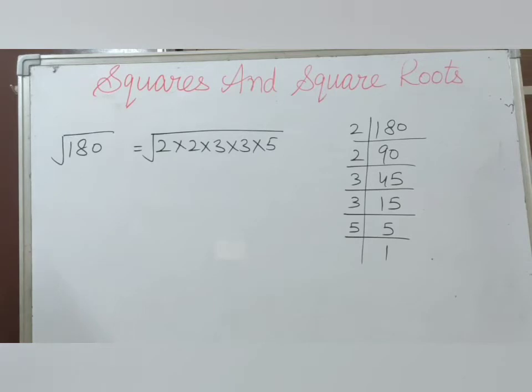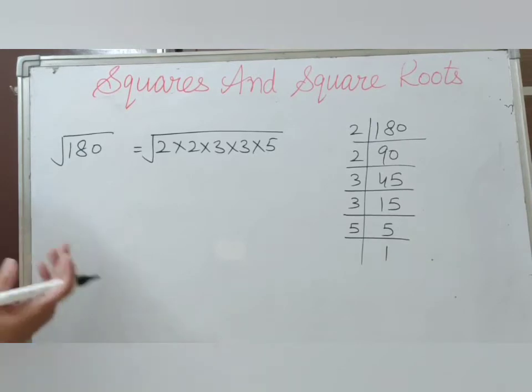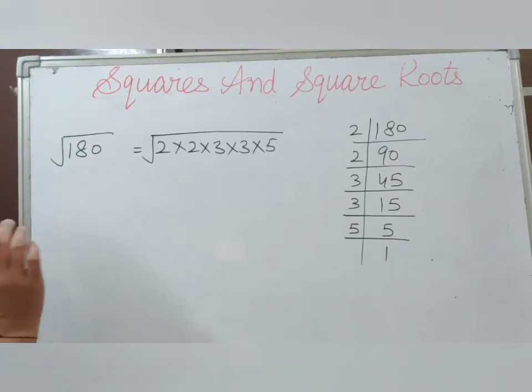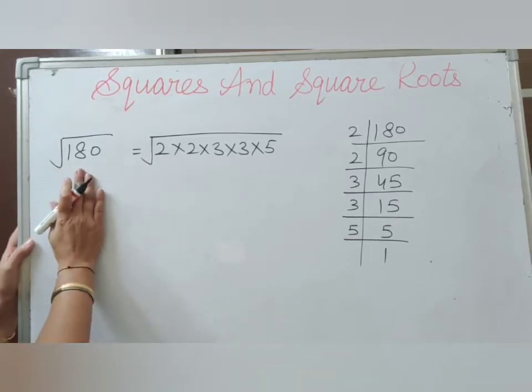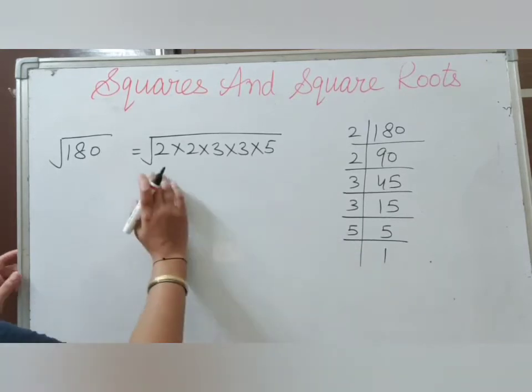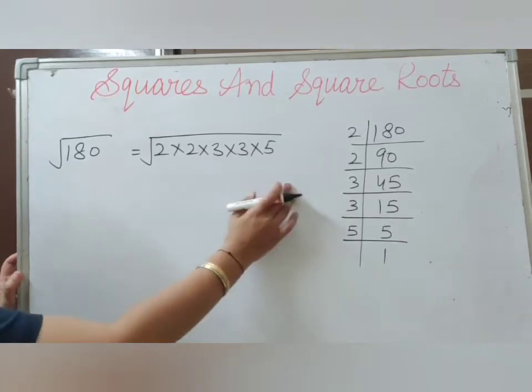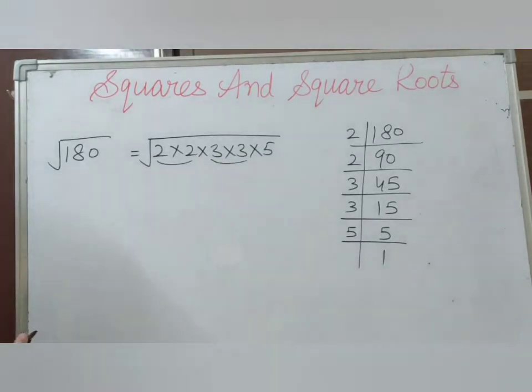Yes students, we have already explained that 180 is not a perfect square. So how can we make it a perfect square? By which number do we have to multiply 180 to get a perfect square? For that we already have these factors, and when we make the pairs, 5 is left.